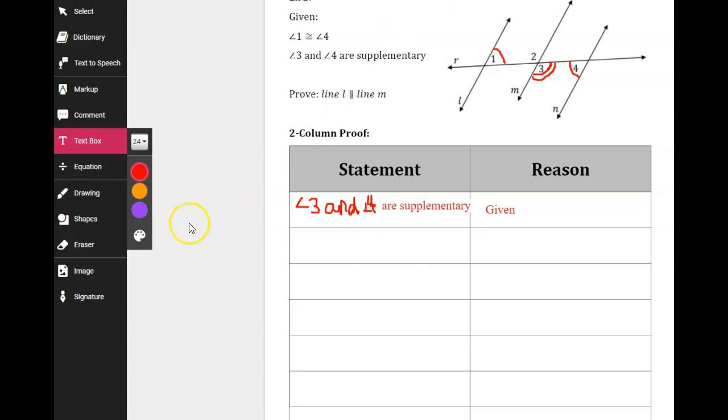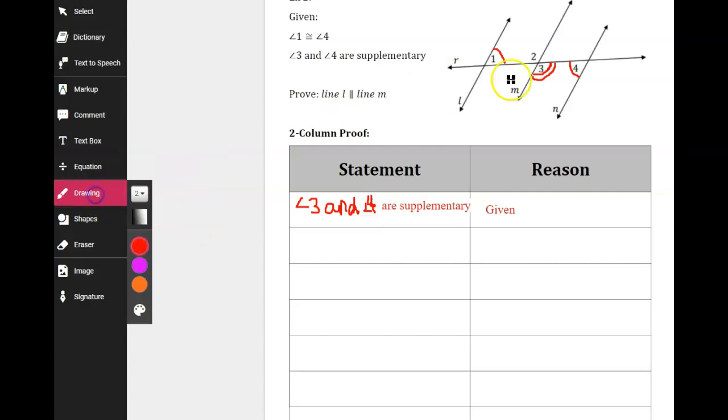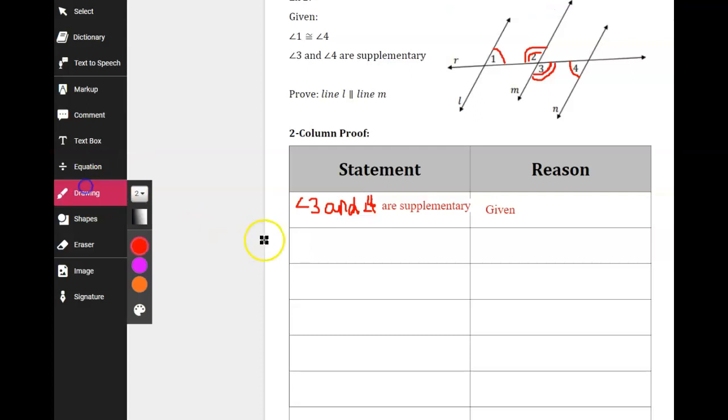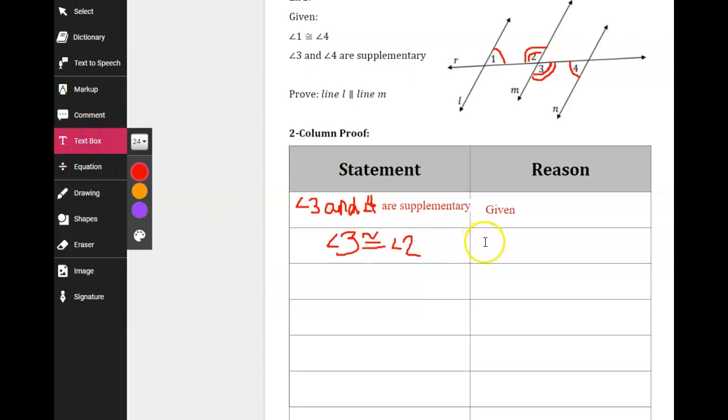I also happen to know that angles 2 and 3 are vertical angles, which means that they also are congruent to each other, right? So that's something else that I know. That angle 3 is congruent to angle 2. And that reasoning is the vertical angle theorem.